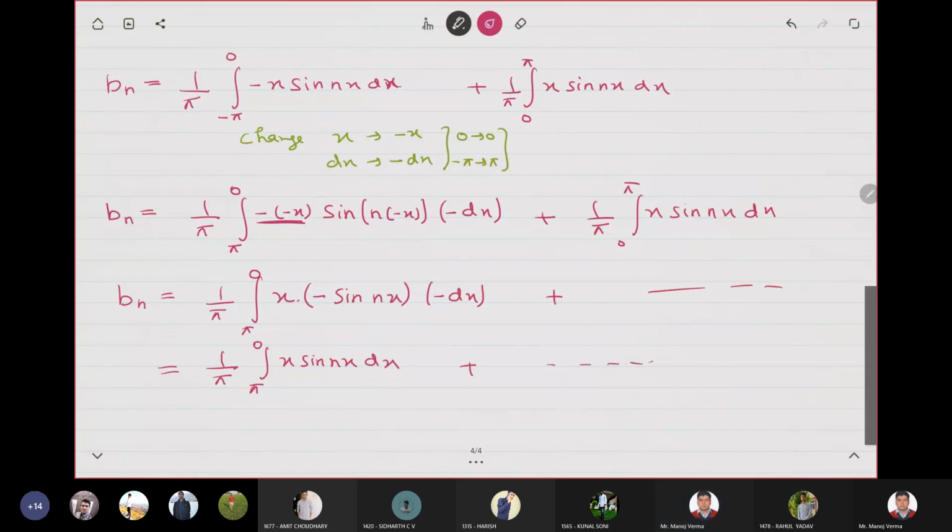Now I can reverse these limits and I can take a negative sign.